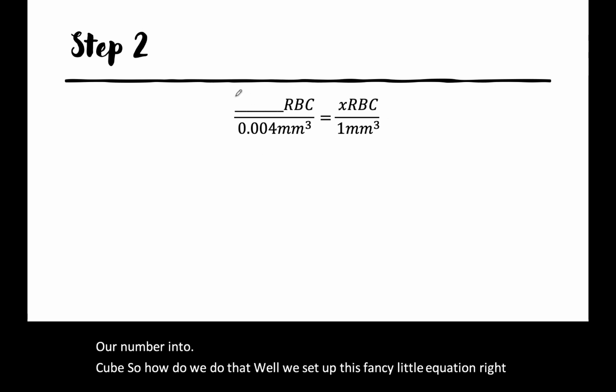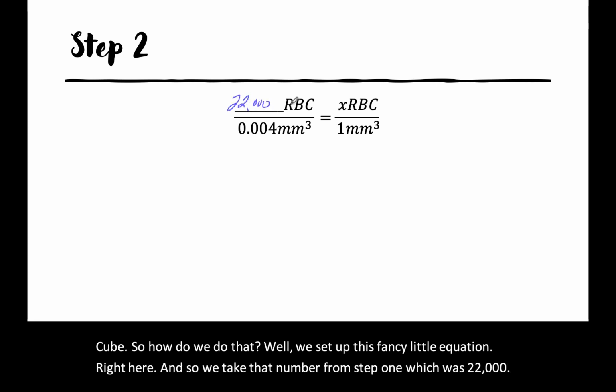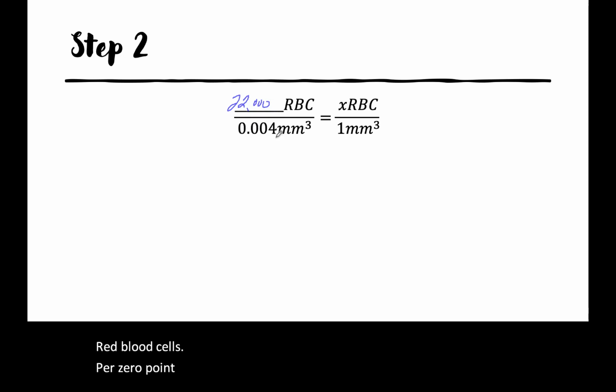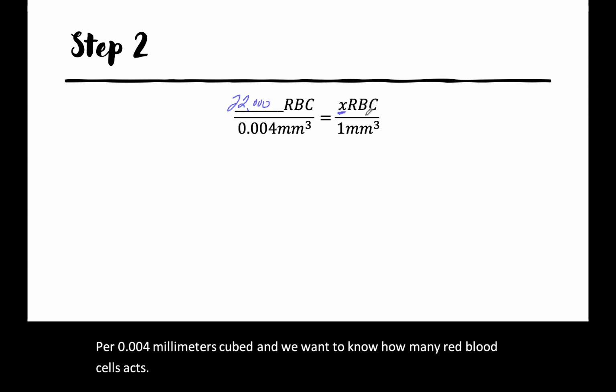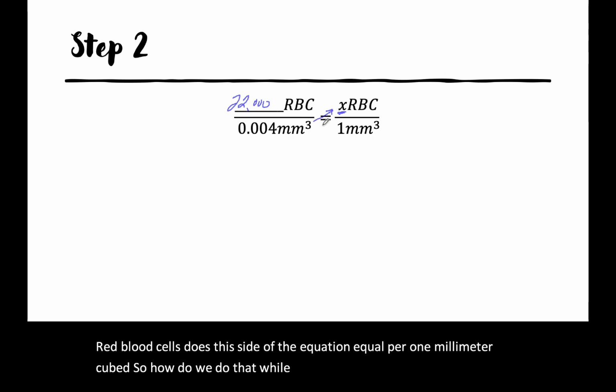We take that number from step 1, which was 22,000 red blood cells per 0.004 millimeters cubed, and we want to know how many red blood cells, x red blood cells, this side of the equation equals per 1 millimeter cubed. So how do we do that? Well, we cross multiply.